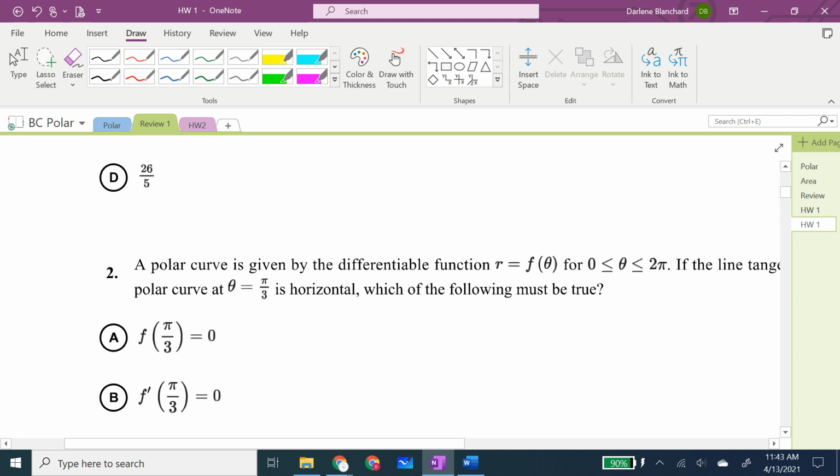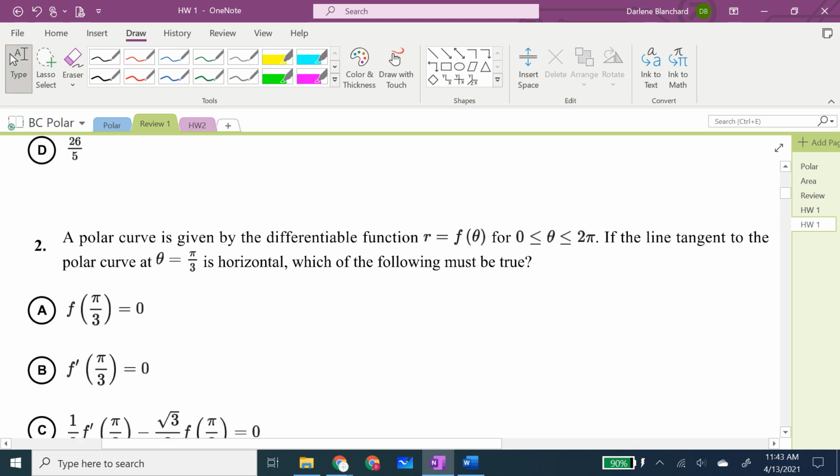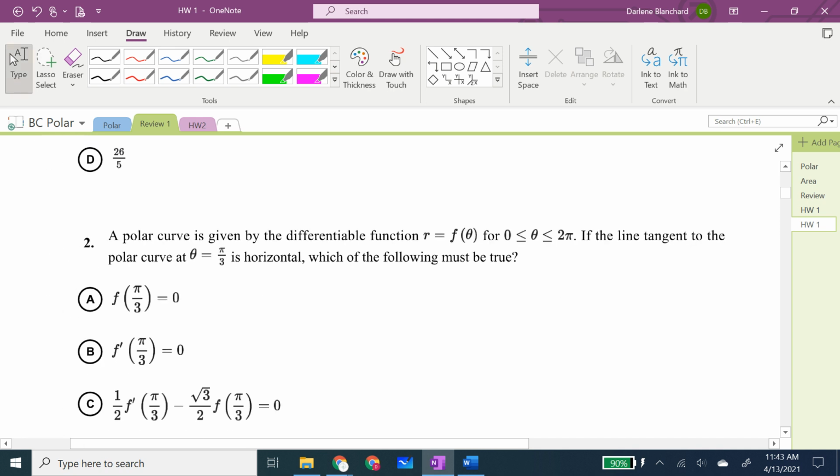Okay, number 2. Now number 2 is being vague with me. It's saying, hey, there's a function, r equals f of theta. And then it says, if the tangent line to the polar curve at, now this is not giving you the function f of theta.